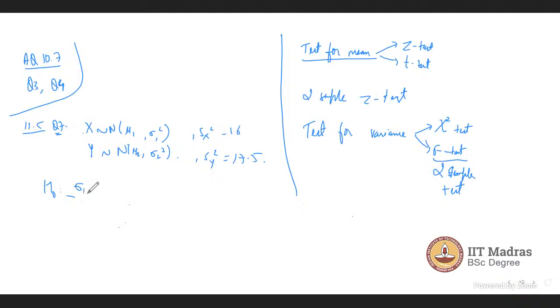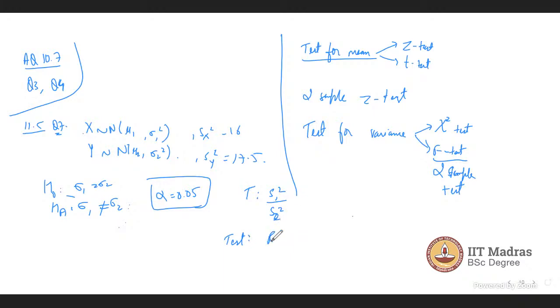So if H0 is sigma 1 equals sigma 2, HA is sigma 1 not equal to sigma 2, you use alpha to be 0.05. Again, the same thing: if my test statistic T is S1 square upon S2 square, you can either go through the test: reject H0 if S1 square upon S2 square is less than 1 minus CL, or reject H0 if S1 square upon S2 square is greater than 1 plus CR.